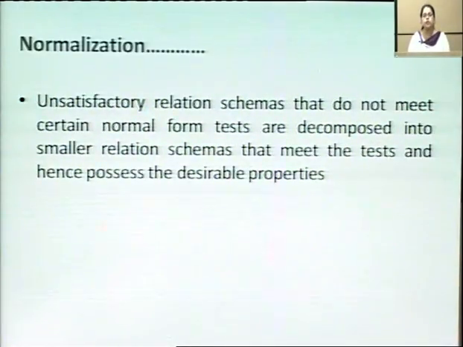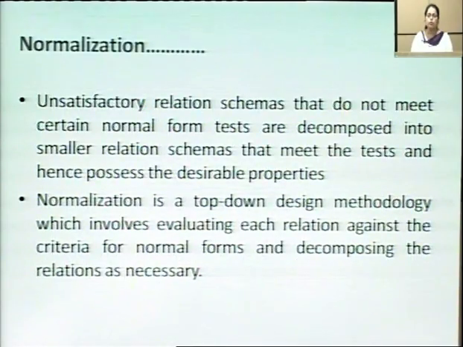Unsatisfactory relation schemas that do not meet certain normal form tests are decomposed into smaller relation schemas that meet the tests and hence possess the desirable properties. So we can say that normalization is a top-down design methodology which involves evaluating each relation against the criteria for normal forms and decomposing the relations as necessary.